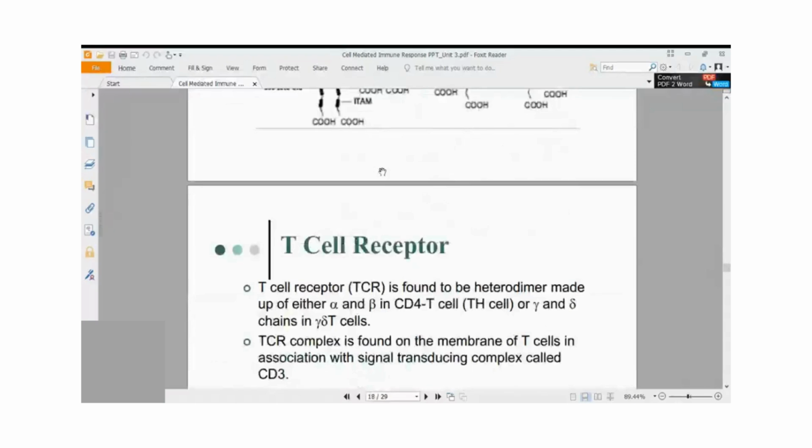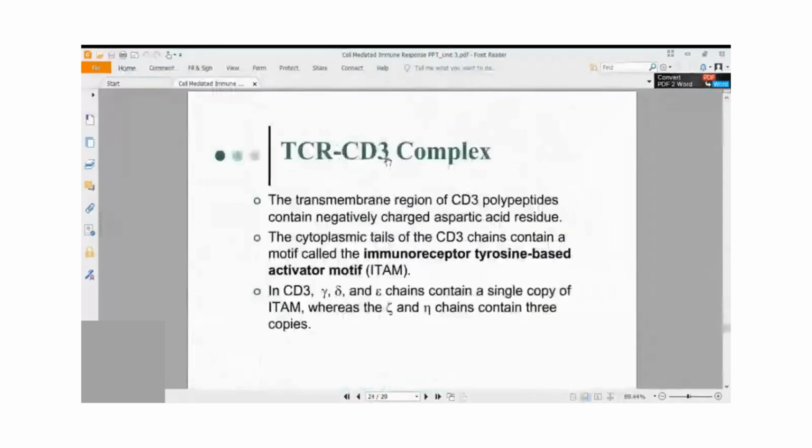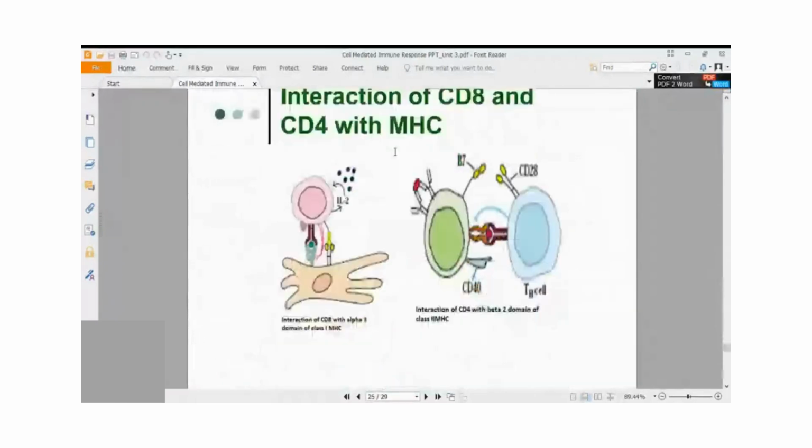Just for your information, I will show you the diagram once again for you to recall how it looks. Look here. This is the class 2 MHC that is presenting the antigen in its groove, and this is the major TCR, which has an alpha beta heterodimer, establishing contact with the class 2 MHC where the antigen is presented in the groove.